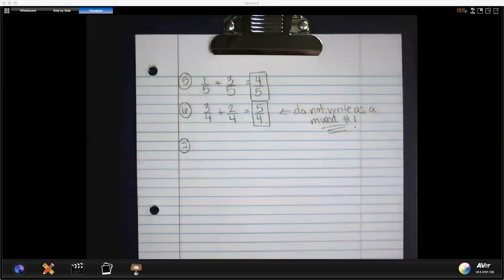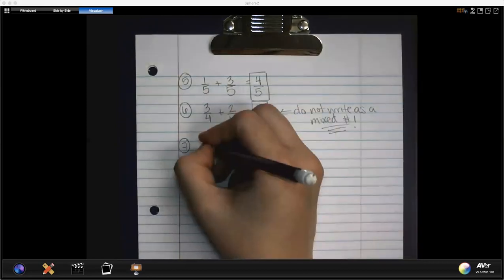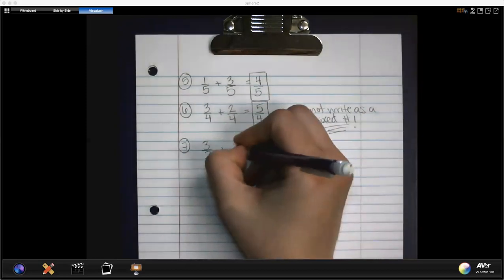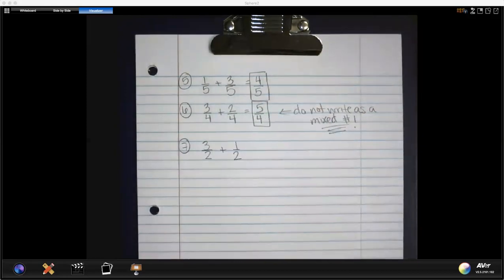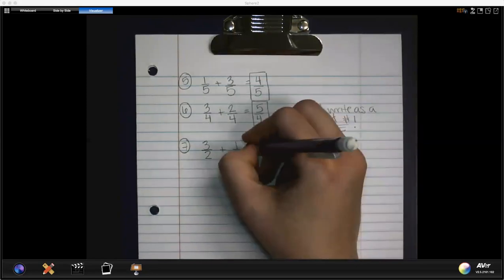Okay, try number 7. How about 3/2 plus 1/2? Go ahead and try that one on your own. Right, what should we get when we add those across? 4/2.